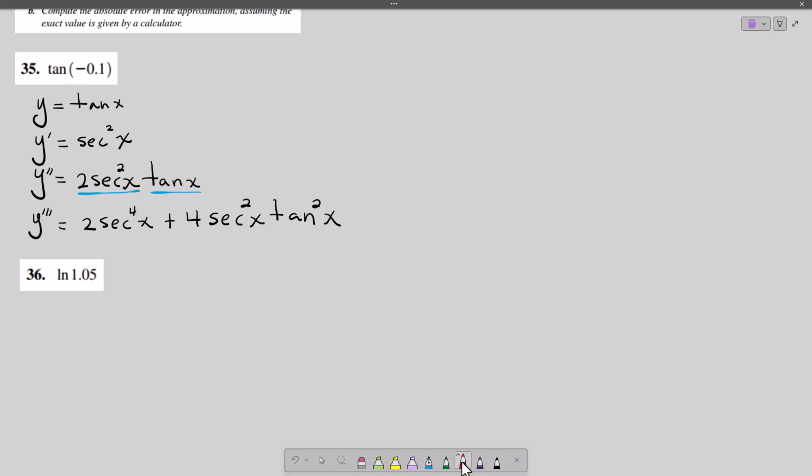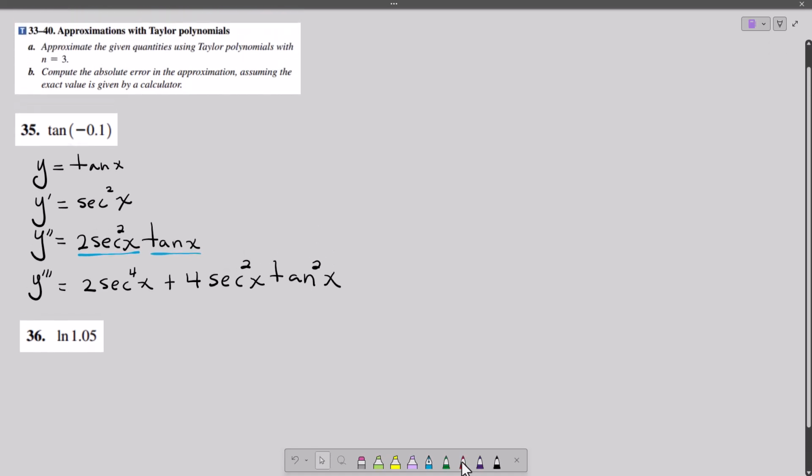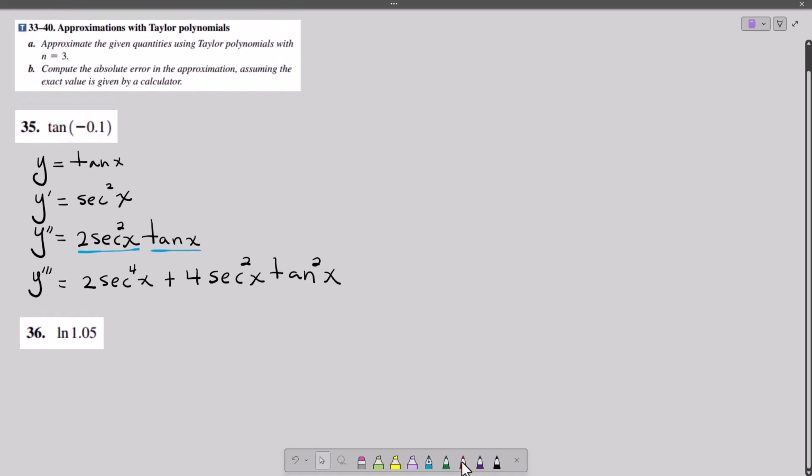And then we evaluate each of those at our center. Generally, we want to have our center be something that we know how to evaluate these things at easily. When we look at this number in here, we want to approximate tangent of -1/10.